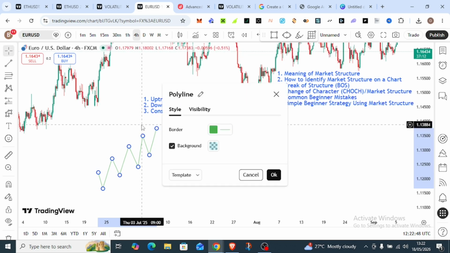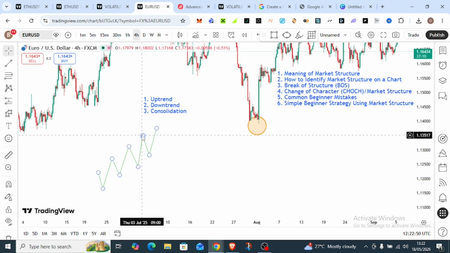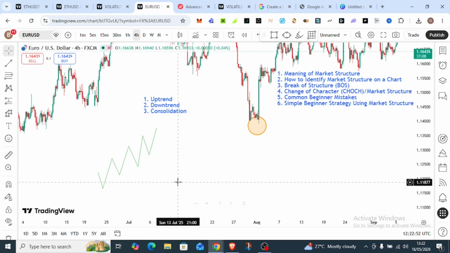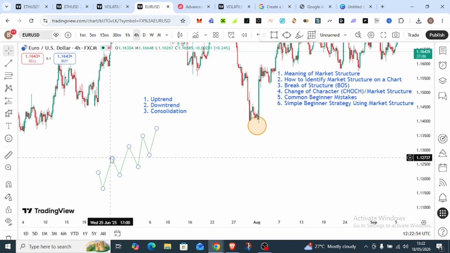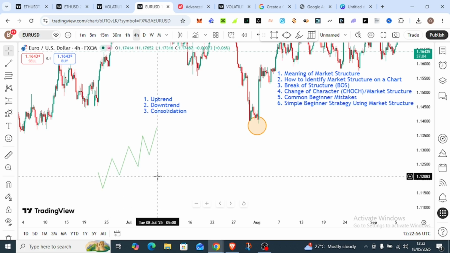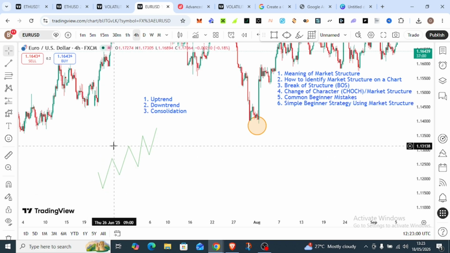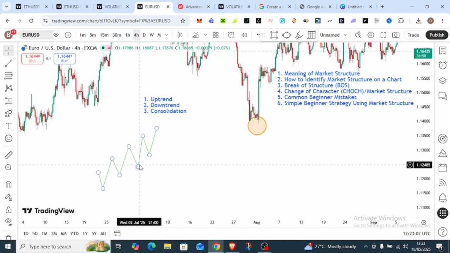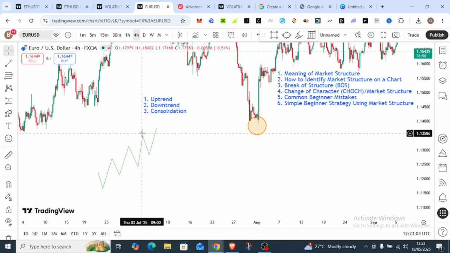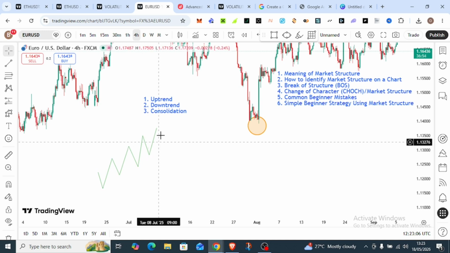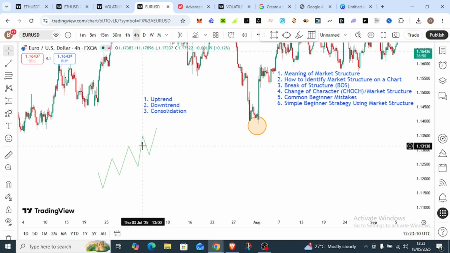This up here is the higher high, down here is the higher low. Up here higher high, down here the higher low. As you can see, it's breaking structure and closing above it, makes a higher low, breaks the structure, then pulls back again, makes another higher high. So this is for uptrend.